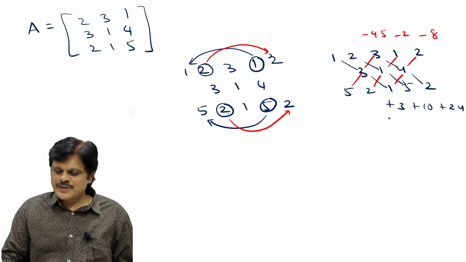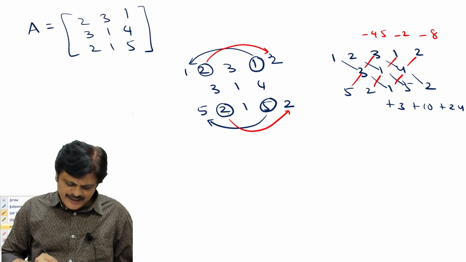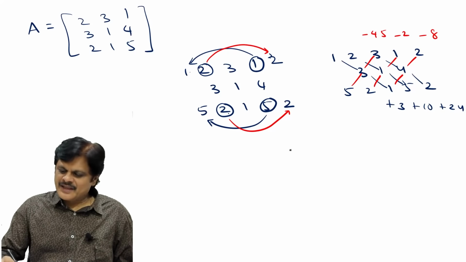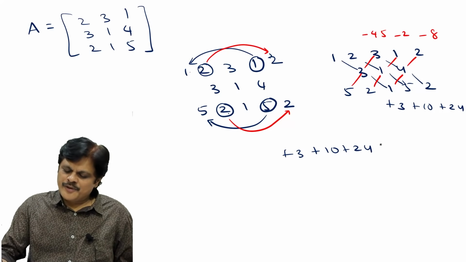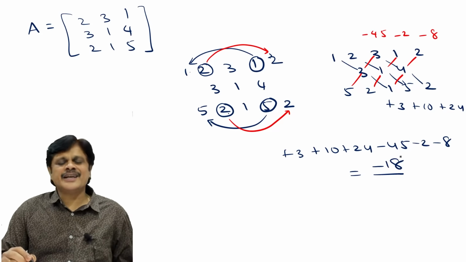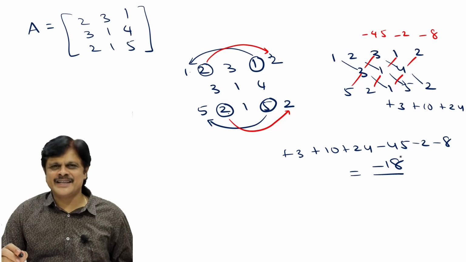If you simplify, you get the required answer: plus 3 plus 10 plus 24 minus 45 minus 2 minus 8. You already solved this, so I am directly writing the answer, minus 18.